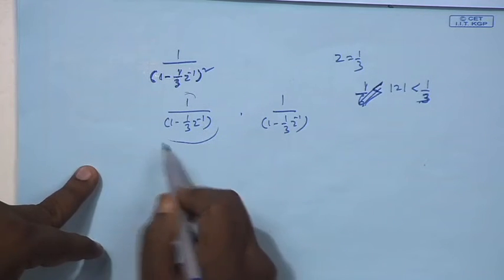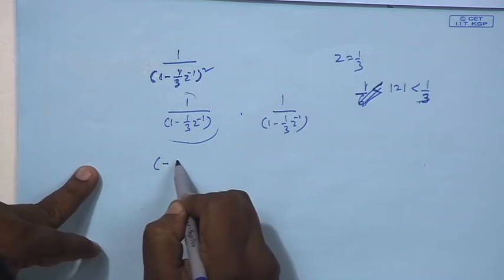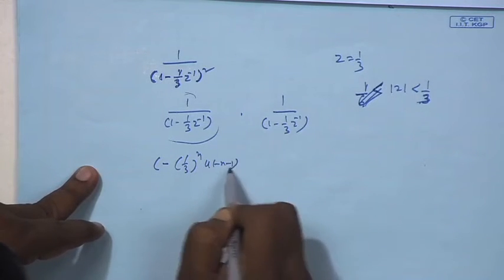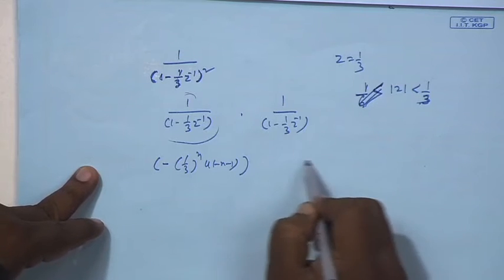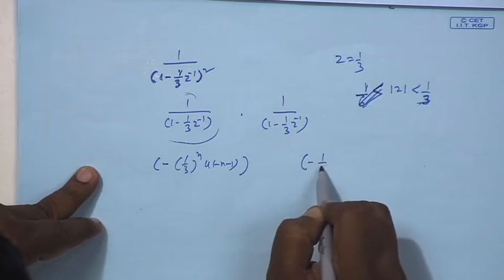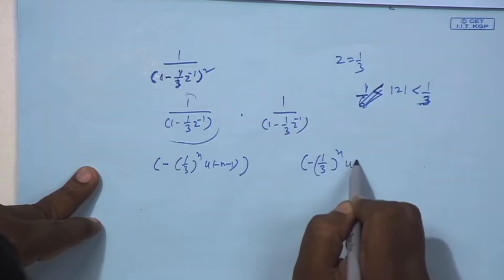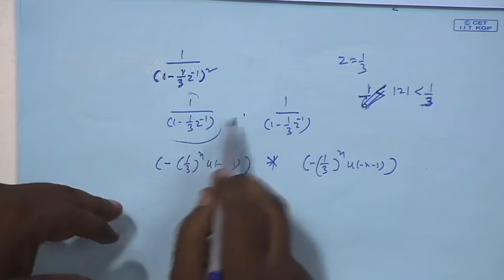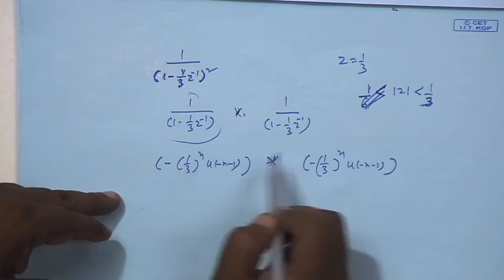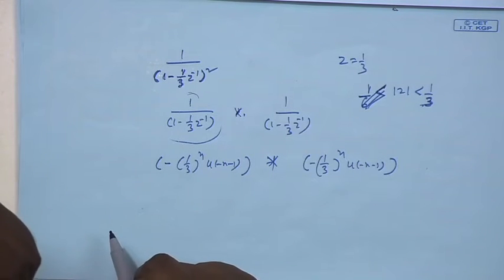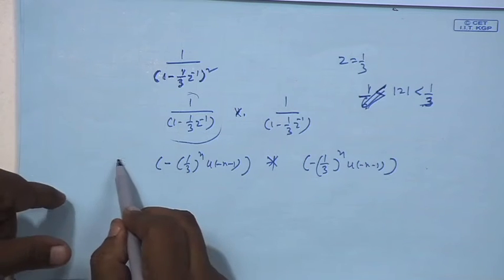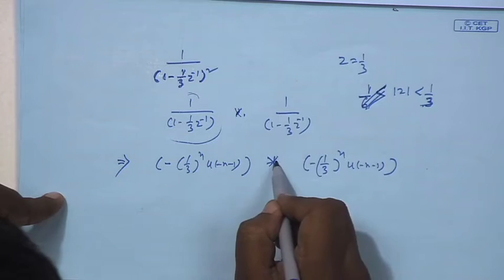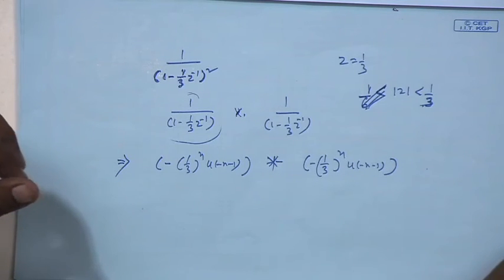So, this will give rise to a sequence minus 1 by 3 to the power n u minus n minus 1, and then this will give rise to same thing, minus 1 by 3 to the power n, convolution, because if you are multiplying in Z domain, it is called convolution in time domain. This convolution you work out, and you will get the result.